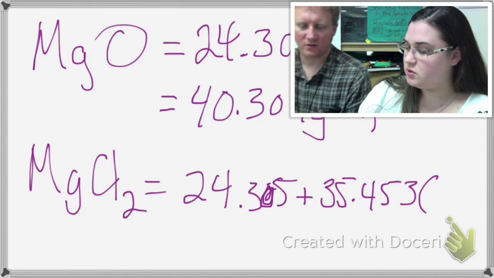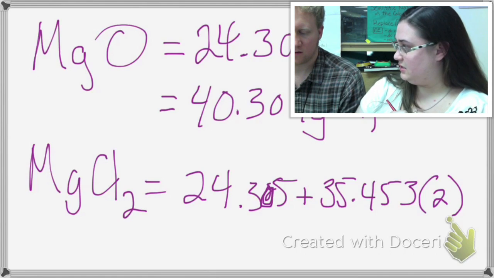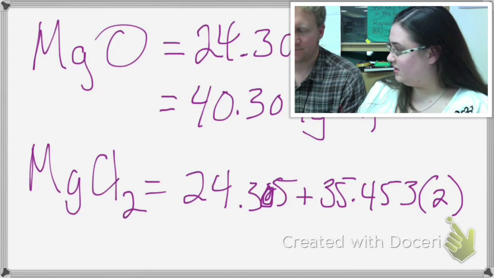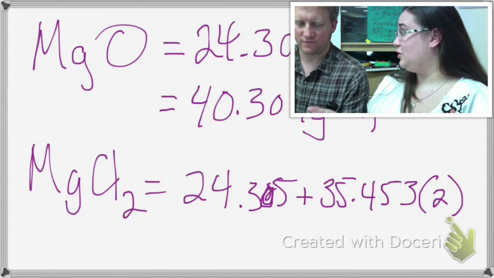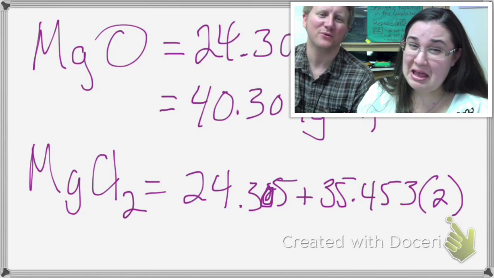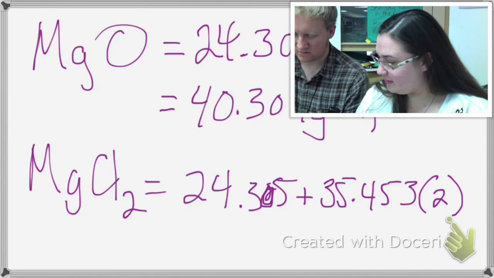Okay, but I have 2 of those, so I would have to multiply that by 2 before I add them together. Okay? Cool. So, you want to actually do that real quick? You can figure it out on your own, right? All right. 35.453 times 2.